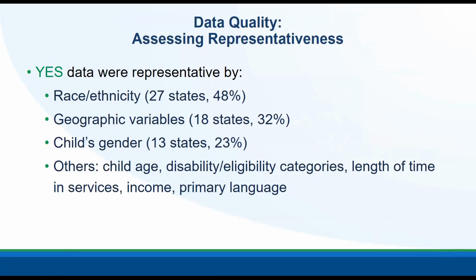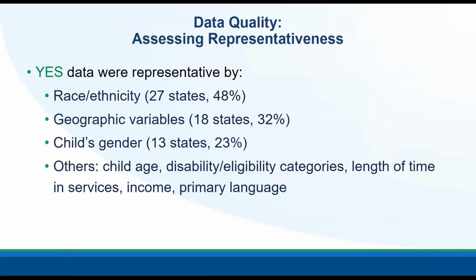So here you can see the number and the percentage of states that said yes, their data were representative by these different variables. And knowing that an individual state may have several yeses, so these are not mutually exclusive because many states look at multiple variables when they're doing these assessments.